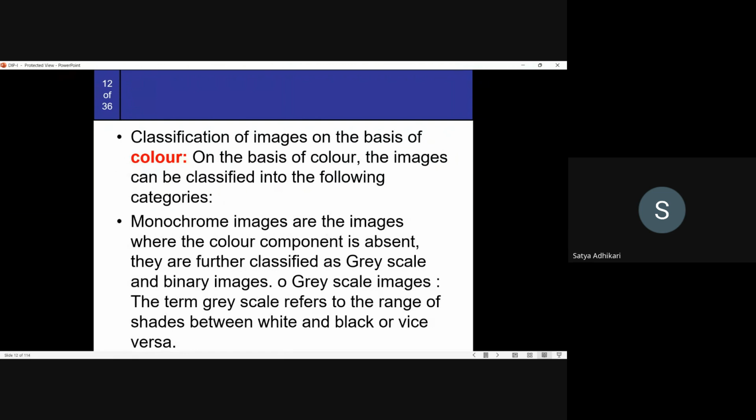It is called a gray level image, grayscale image, or binary image. The term grayscale refers to the range of shades between white and black or vice versa. If we change the proportion of the combination of white and black, it changes to the gray colors. That is why the word gray level comes, grayscale image.